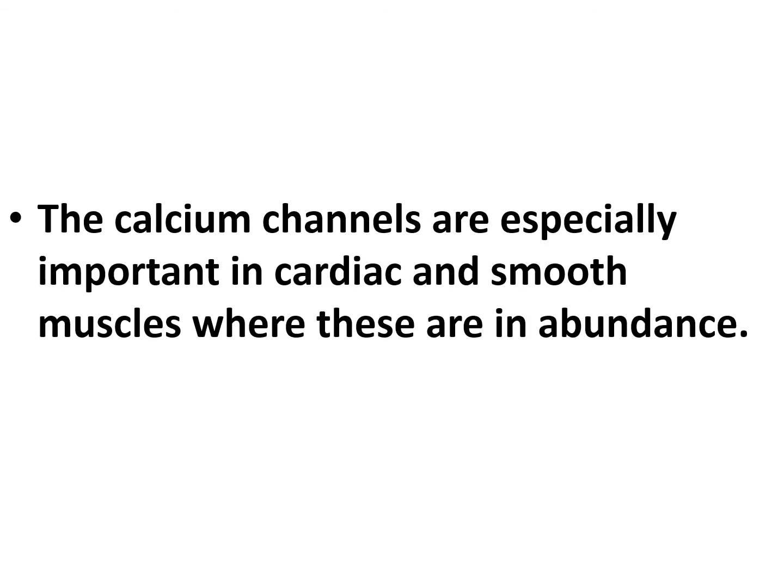These calcium channels are especially important in cardiac and smooth muscles, where they are more numerous. In fact, in some types of smooth muscle, the fast sodium channels are hardly present, so the action potential is caused almost entirely by the activation of the slow calcium channels.